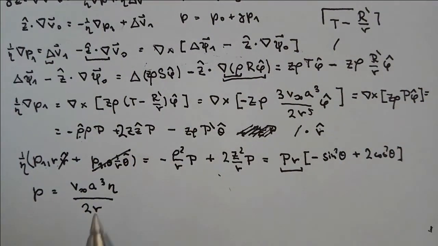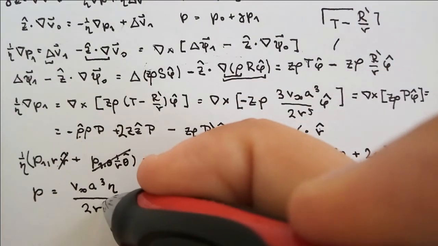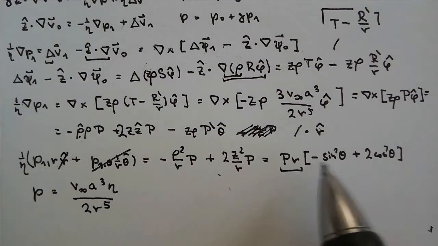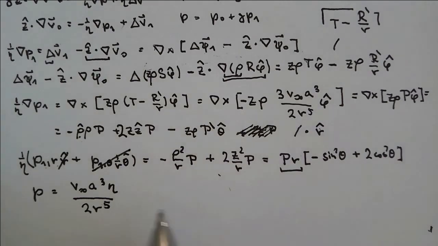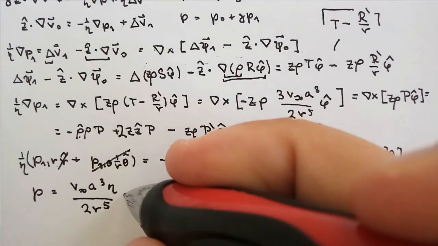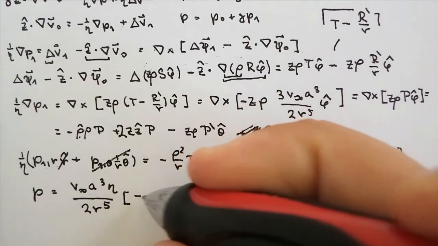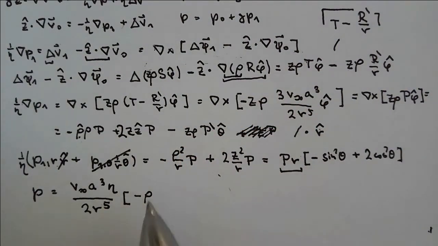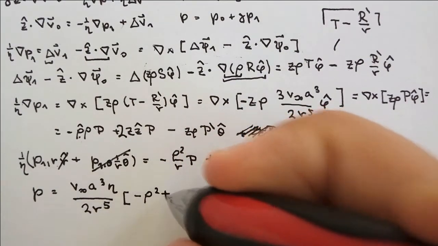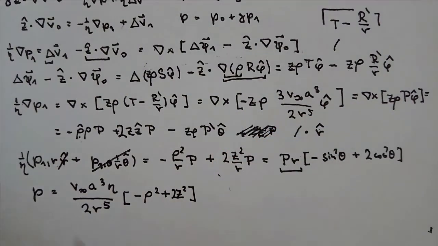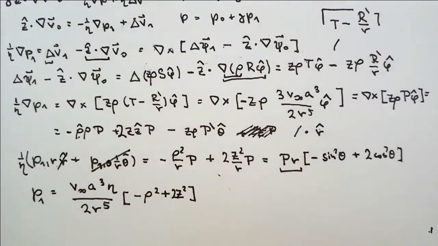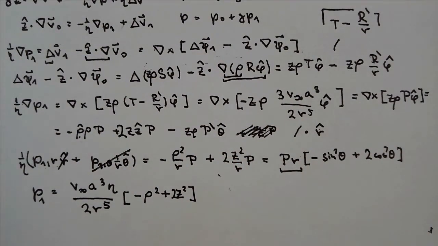But again, I will write r to the 5th power and multiply this by r cubed. So this will become r squared. So this will become minus rho squared plus 2 times z squared. This is the expression for the pressure one, the first correction in the Oseen correction.